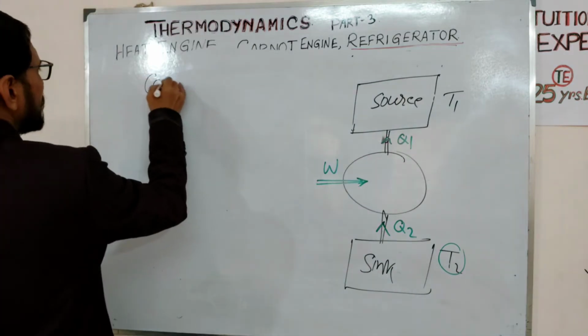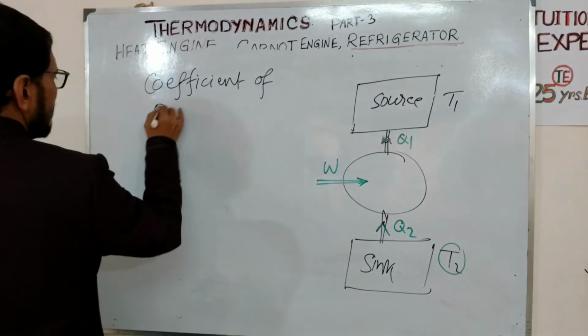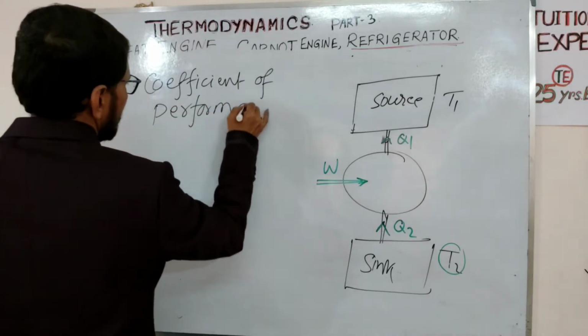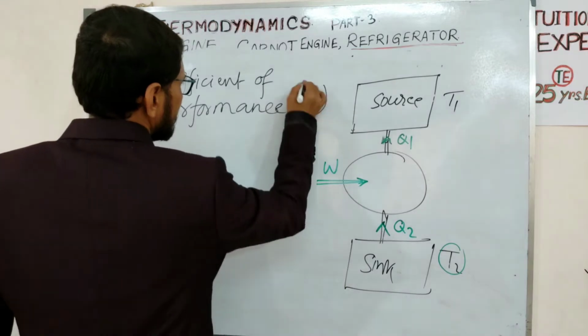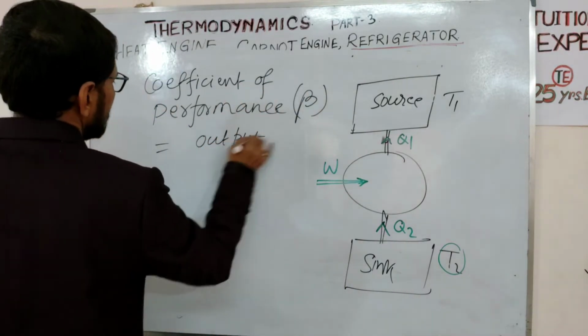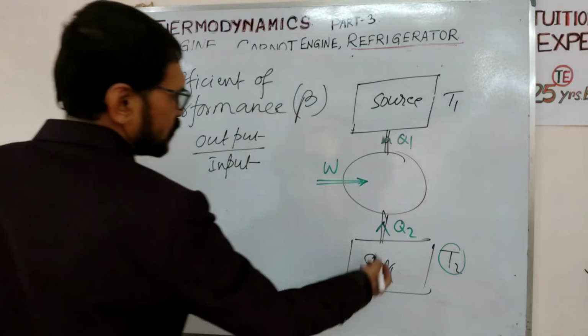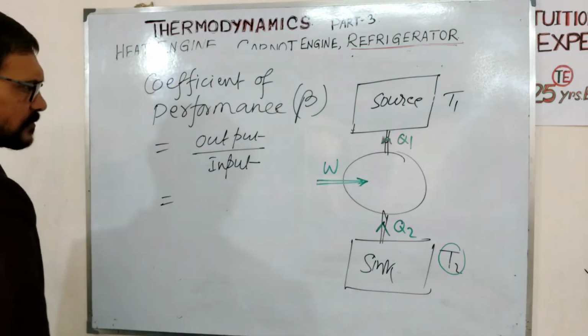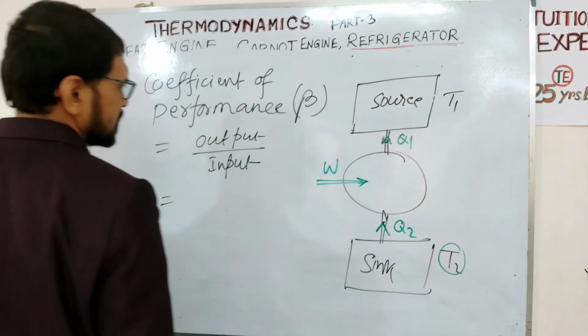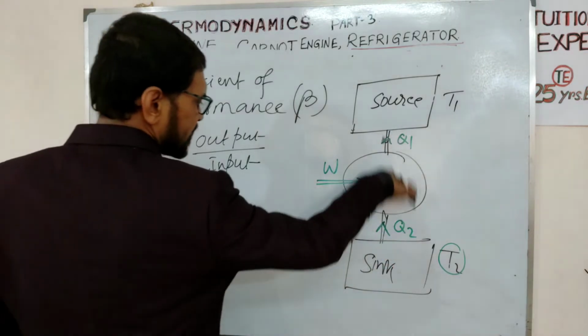Okay, coefficient of performance. Coefficient of performance beta equals output by input. Input here is W, but output is the amount of heat extracted from the sink.